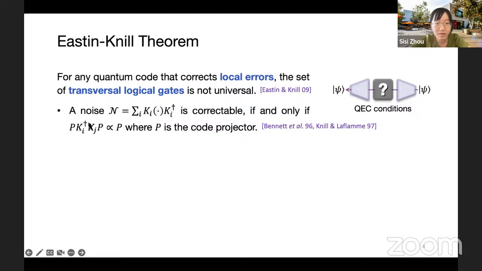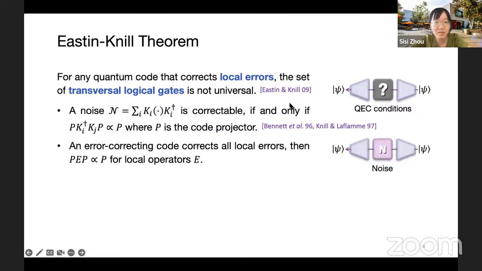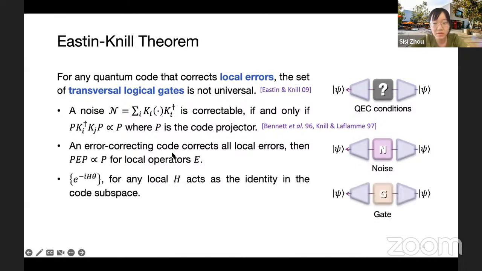From this quantum error correction condition, we can see that if an error correcting code can correct local errors, then any local operator E must also act trivially in the code subspace. That means if we consider a type of gate which has this form, where we assume that this type of gate is a logical gate, and it is given by this form where we have a local Hamiltonian in the exponent of this operator.